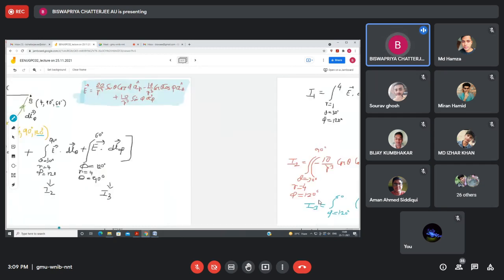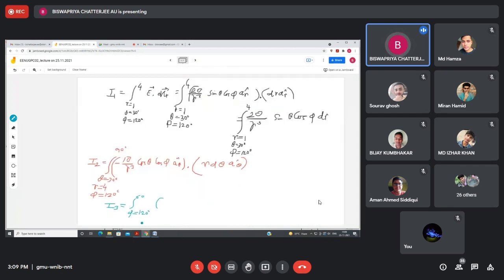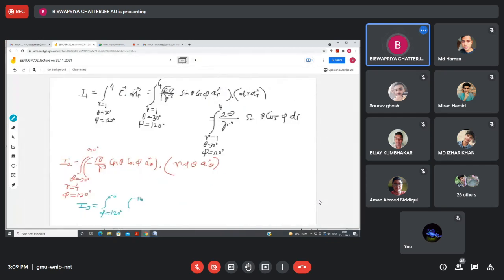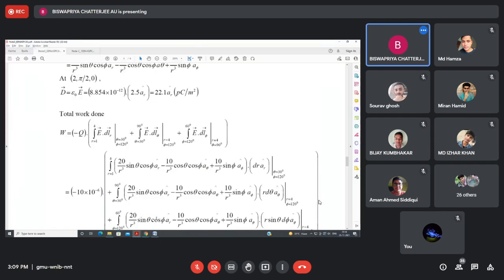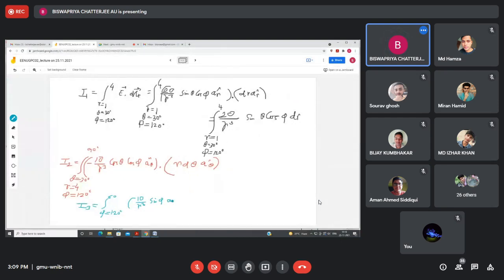In this case only the phi component will exist, so you write 10 by r cube sin phi a phi cap, and dl phi is nothing but r sin theta d phi a phi cap.